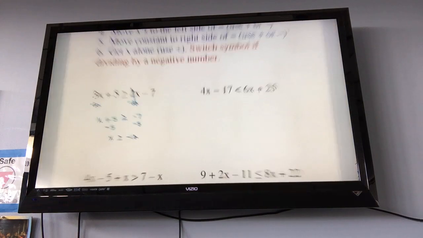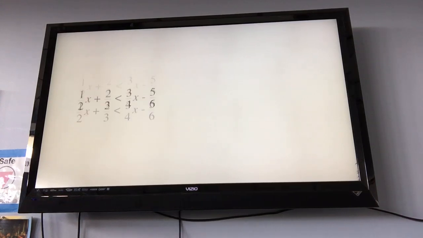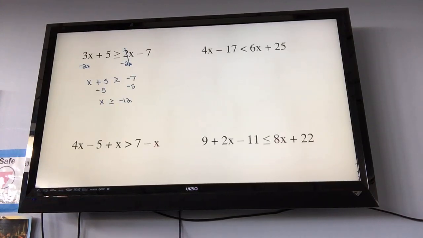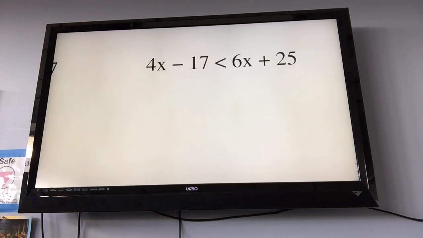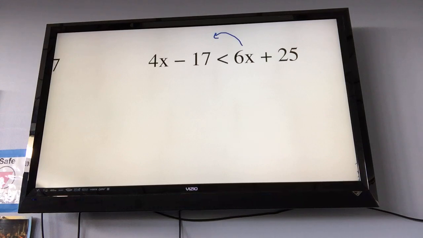So we're going to see a little bit more with fractions, and the parentheses actually, not so much fractions, just one fraction question. Okay, so on this one, Brody, what am I going to do to move that 6x to the other side? Not divide, subtract. So I'm going to minus that 6x because it's positive.